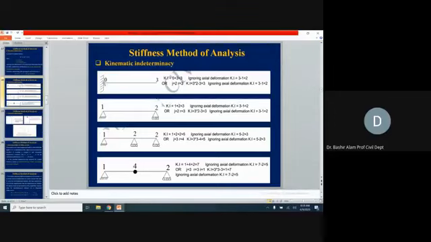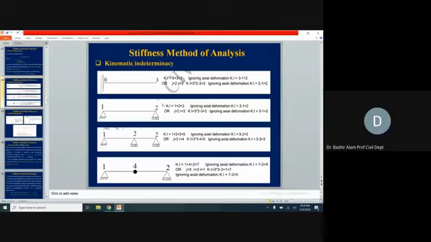Why is it 3 here? If you follow this cursor, this is the deflected shape. It will have vertical translation, horizontal translation, and a slope also, rotation also. So the kinematic indeterminacy will simply be the addition of these joints' degrees of freedom, which is 0 plus 3, as written here, equal to 3.